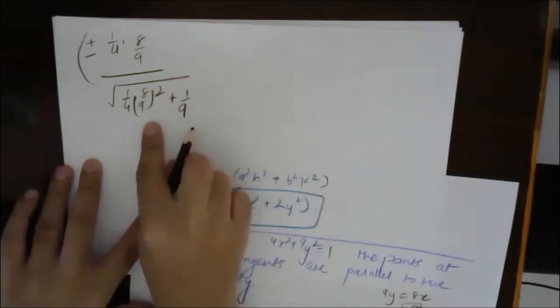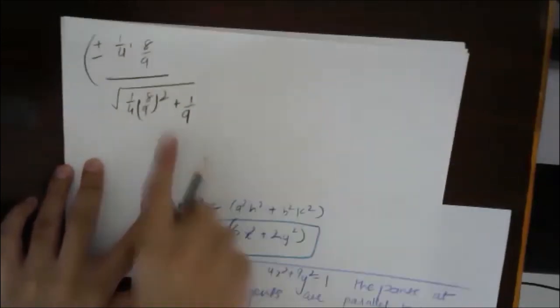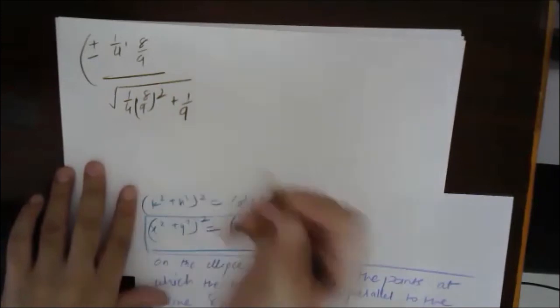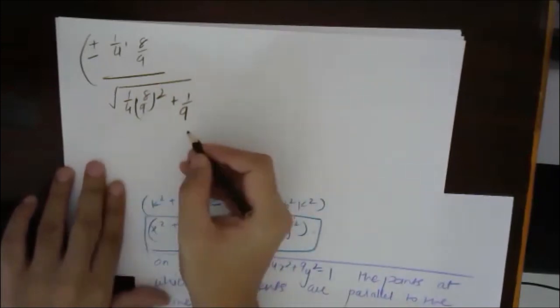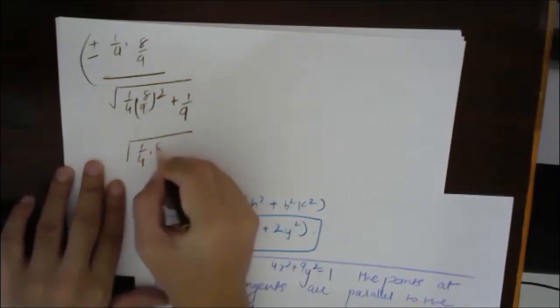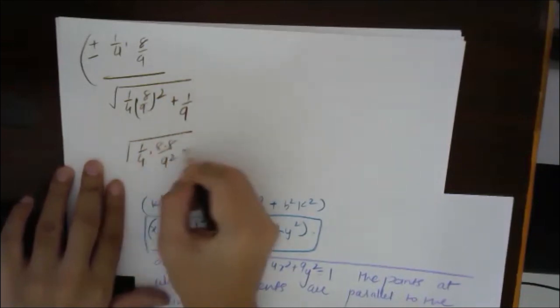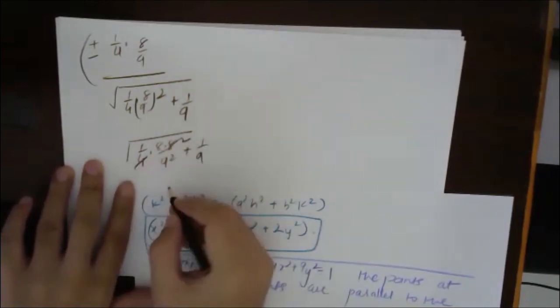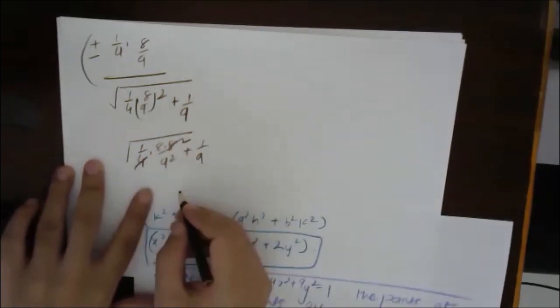And I think you will get this as 2 plus 1, 3. So this is 9 square under the root of 1 by 4 into 8 into 8 by 9 square plus 1 by 9. So this is 2, 8 to the 16, 16 plus 9, 25. So 5 by 9 square, 5 by 9.